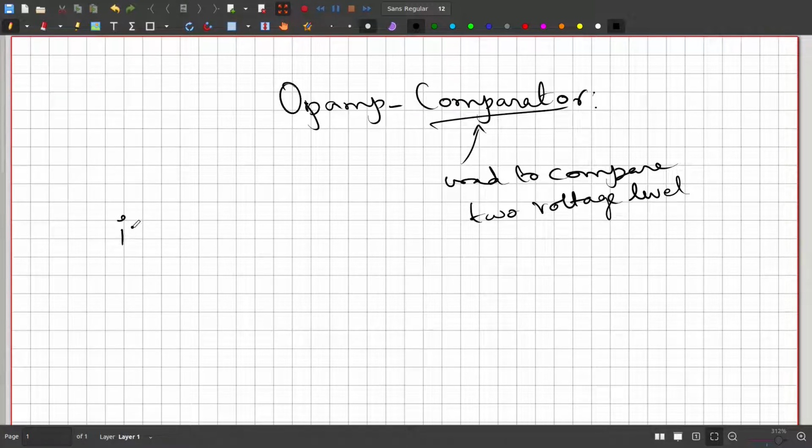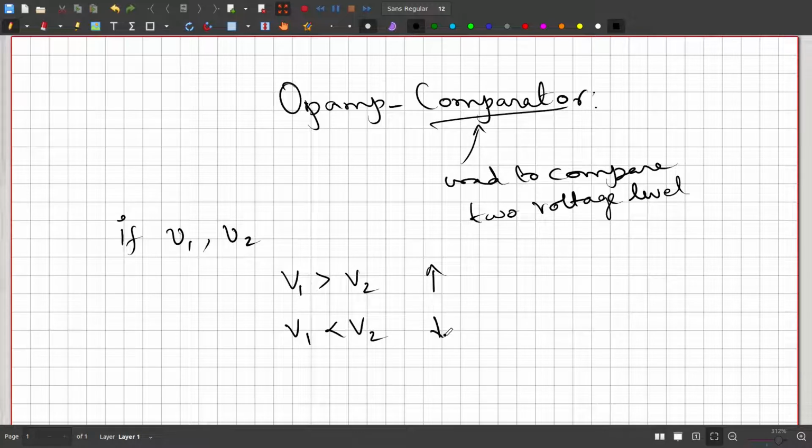If we have two voltages, let them be V1 and V2, we want some device to check whether V1 is greater than V2, then there should be an output, or if V1 is less than V2, it should be a 0. This is logic high, and this is logic low.